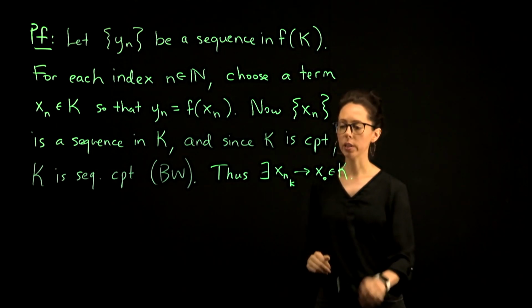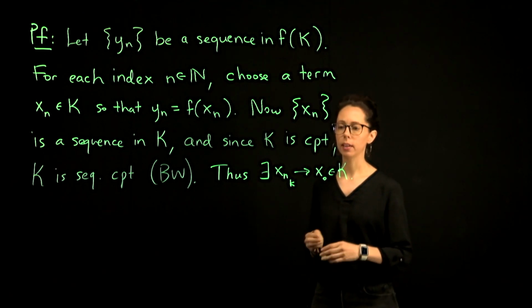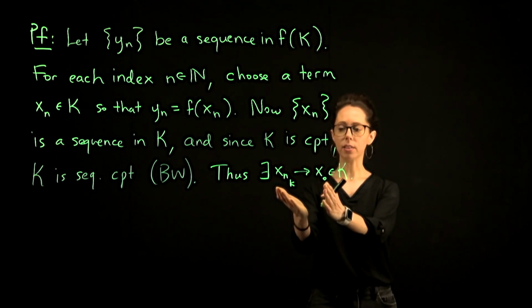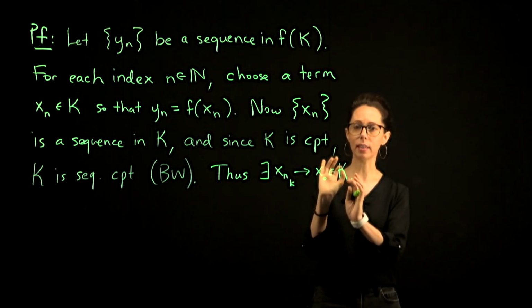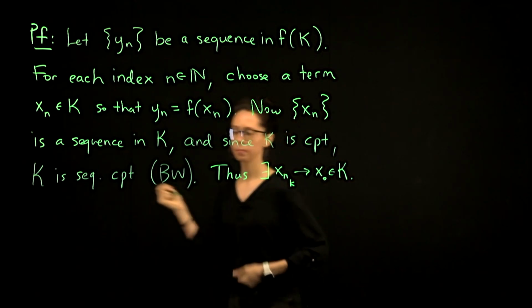So by the sequential characterization of continuity, if this is happening in the domain, f of x sub n sub k is going to converge to f of x naught in the codomain, so in the target space.